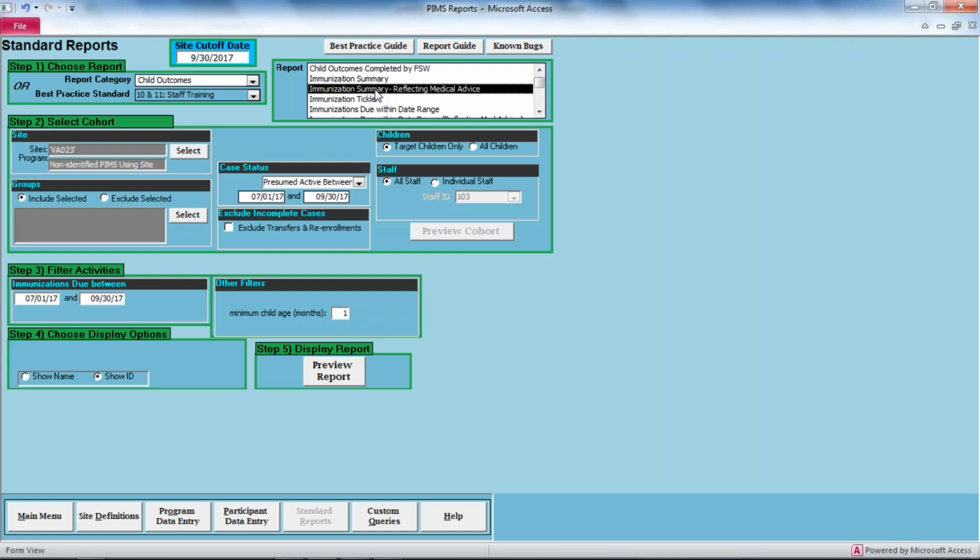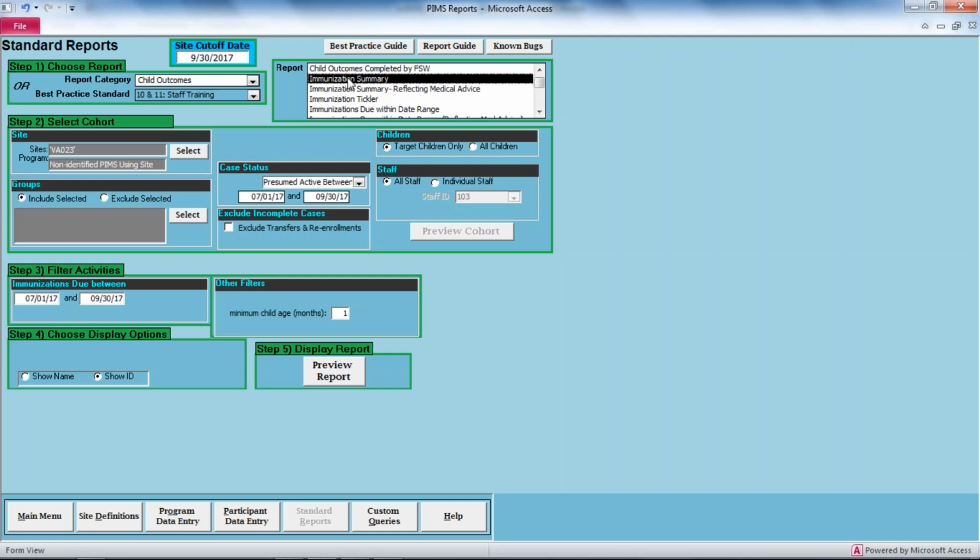If you have children who you record as not receiving particular immunizations because they were recommended not to by the doctor, then use the immunization summary reflecting medical advice, and it will eliminate those particular immunizations and calculate their record minus that number of immunizations that the doctor had skipped on medical advice.